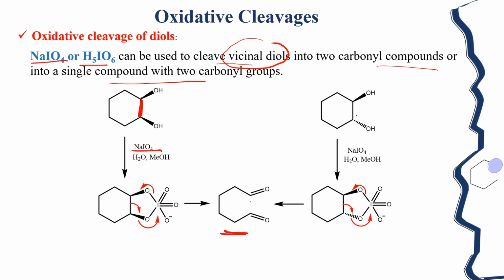Similarly, in the case of trans diol, it may be possible to reach this type of transition state if those are close enough or there is lesser steric hindrance. However, in the case of cis, the reaction rate will be much higher over the trans.